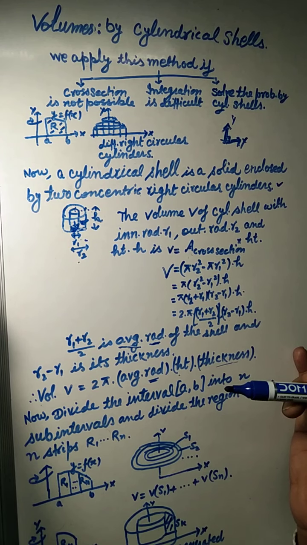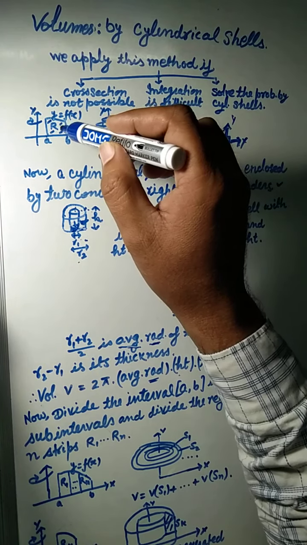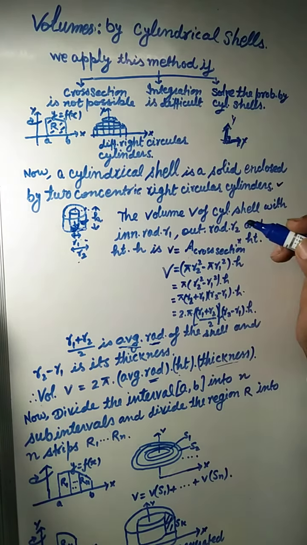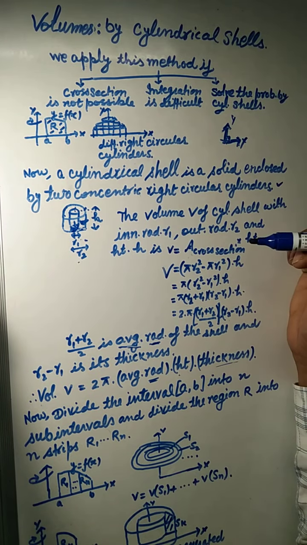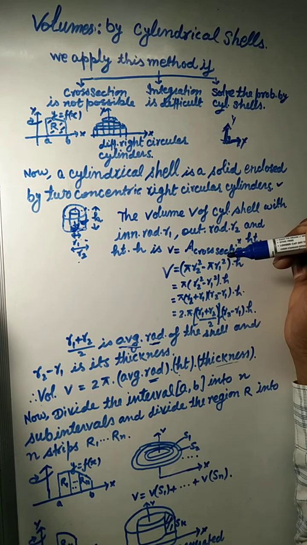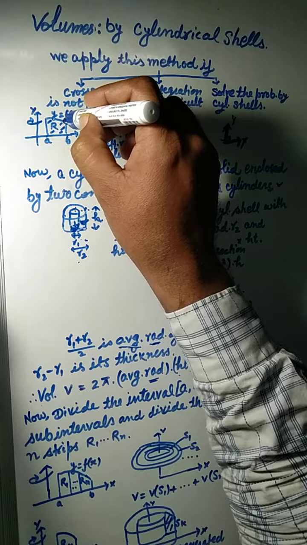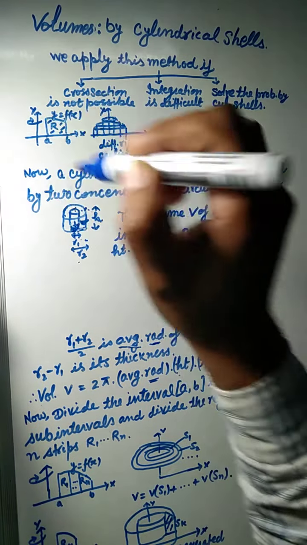Now we have a problem. Here function y equals f(x) is a continuous and non-negative function in the interval [a, b], and let R be the region bounded above by this function y equals f(x) and below by the x-axis and lines x equals a and x equals b.